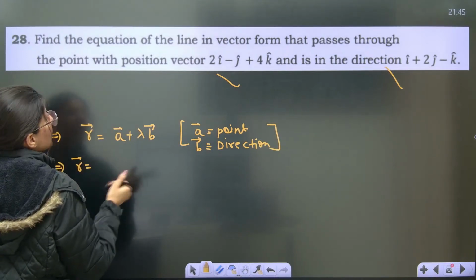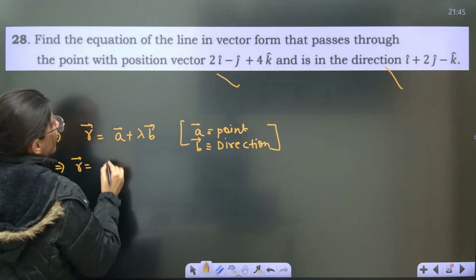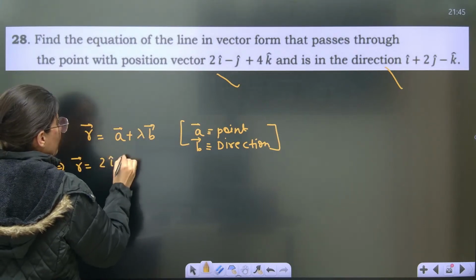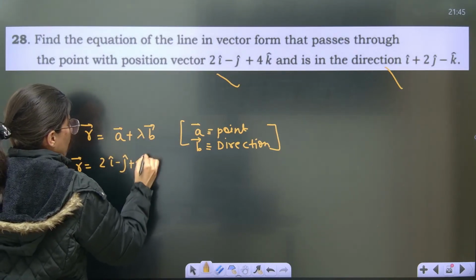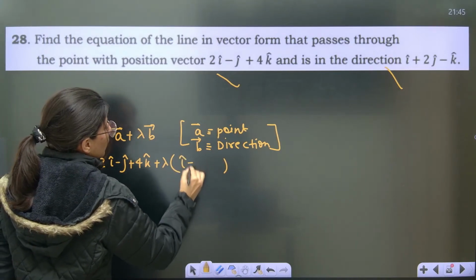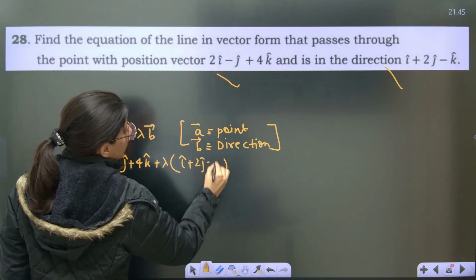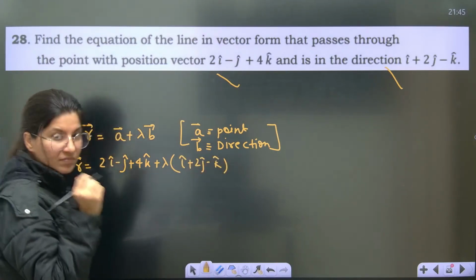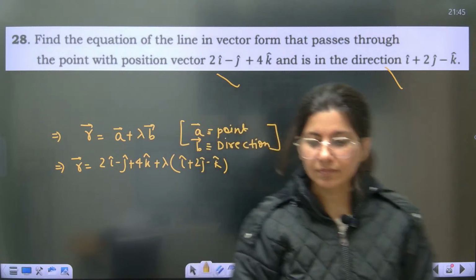R vector is equal to A vector. A vector will be what? 2i cap minus j cap plus 4k cap, plus lambda times B vector, that is i plus 2j minus k cap. Okay. Clear?